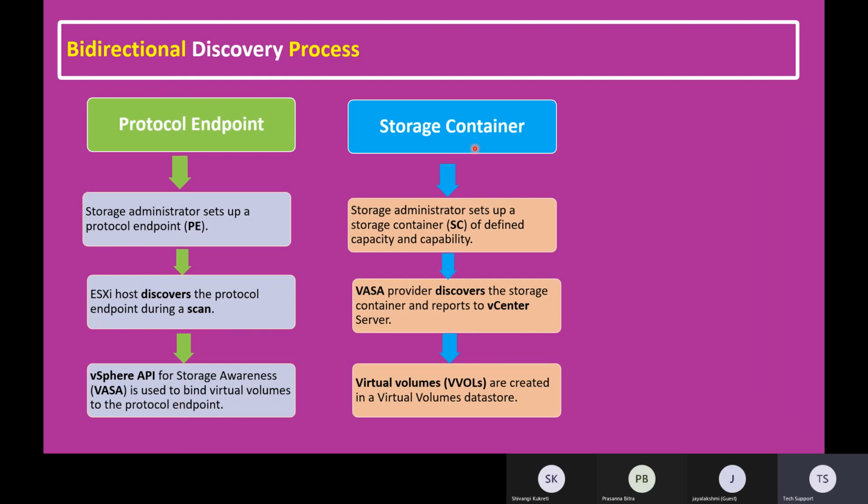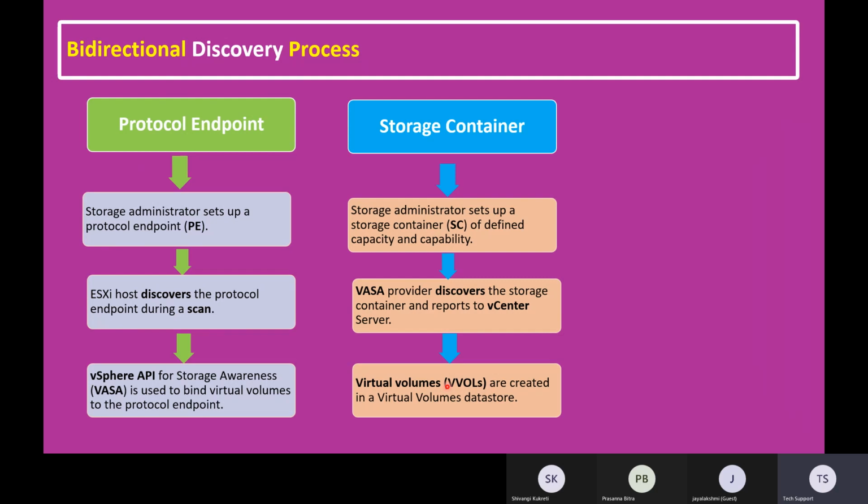This is one method. The other is the storage container. The storage administrator can set up the storage container defined by capacity and capability, and the VASA provider discovers the storage container and reports to the vCenter server. Virtual volumes are then created in a virtual volumes datastore. Whatever folder is created, technically we call all of them virtual volumes.